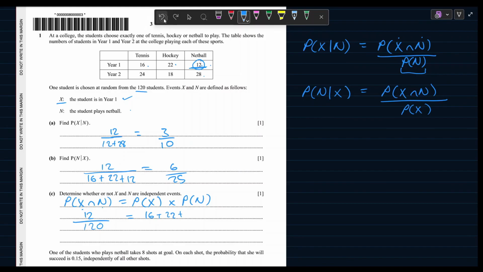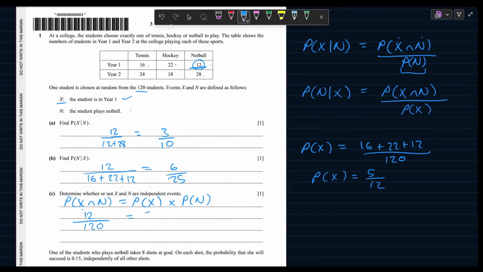In fact, let's work it out on the side. The probability of X is going to be 16 plus 22 plus 12 over the total number of students, which is 120. Let's punch that into the calculator: 16 plus 22 plus 12 over 120 gives us 5 over 12.